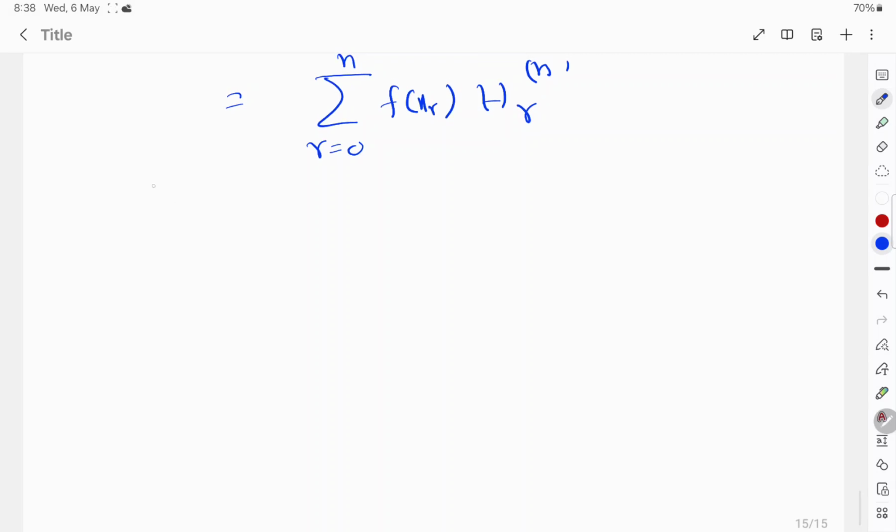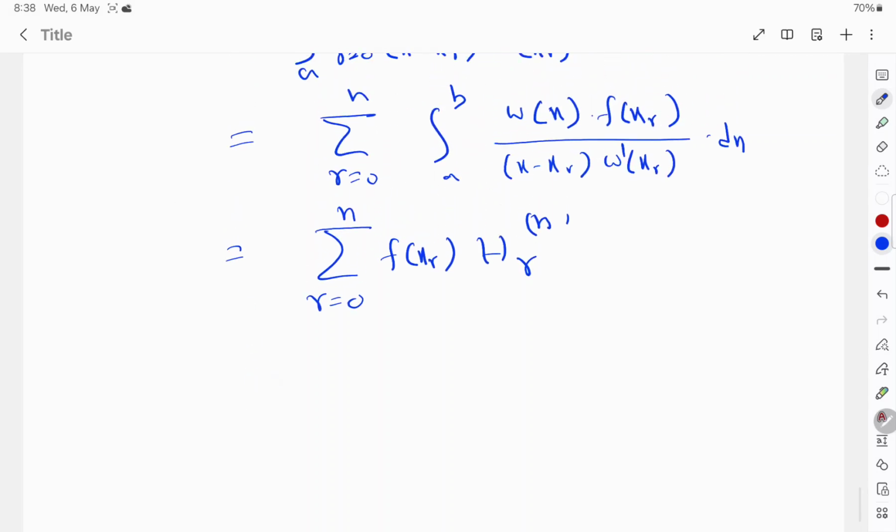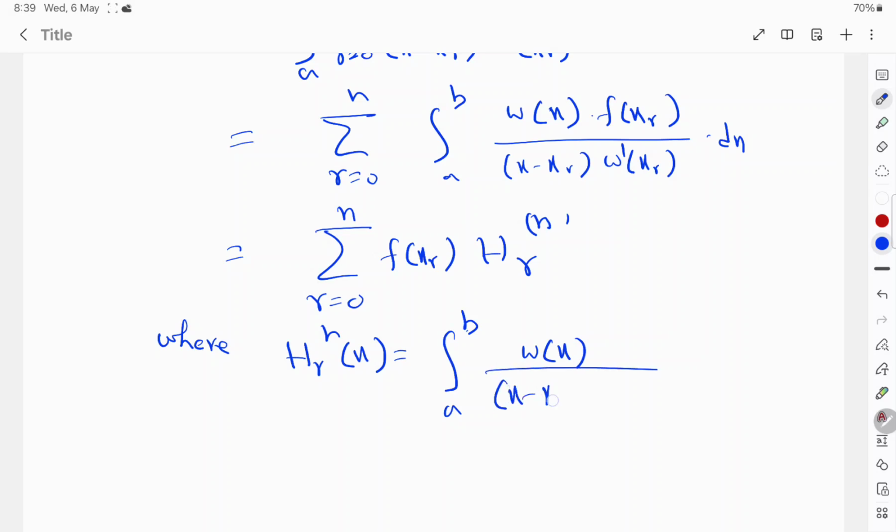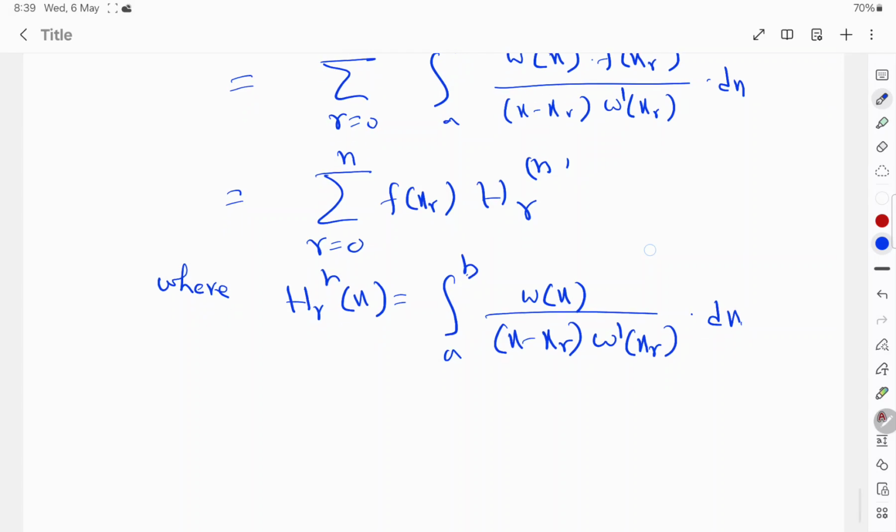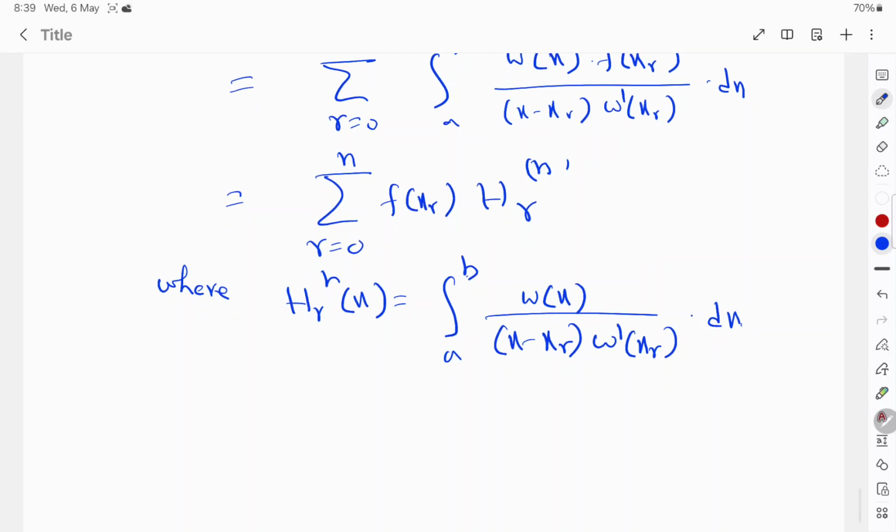So what is the expression of hrn? It is the integral a to b of w of x by x minus xr into w dash xr, dx. So this is your expression, which you already got.